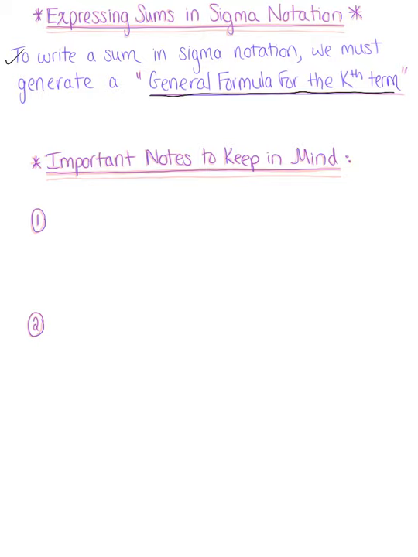And there's a couple of important things I want you to keep in mind as you're looking at this. So the first thing I want you to remember as you go through these problems and as you practice is that multiple sigma notations may represent the same sum and value.